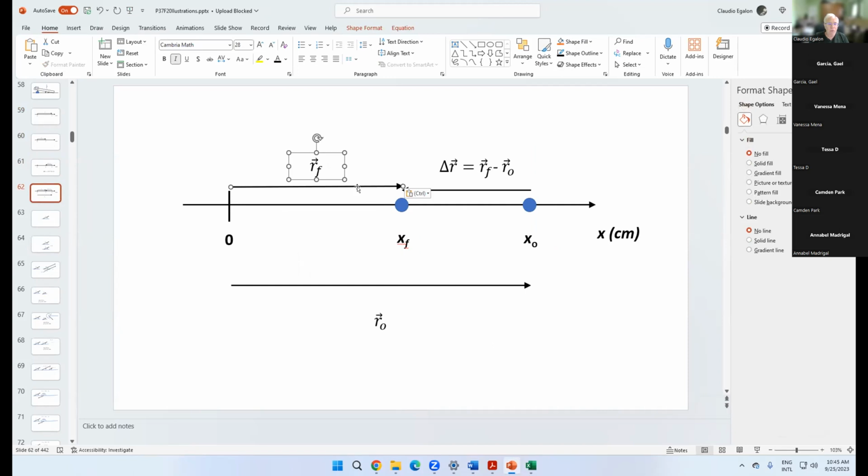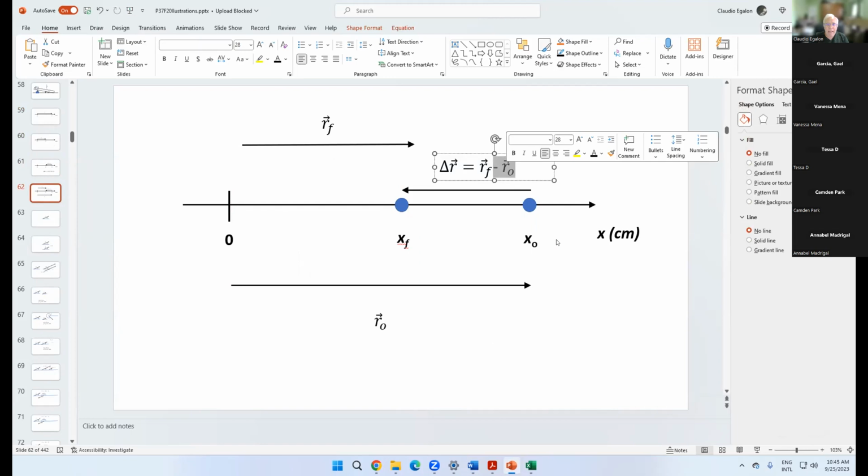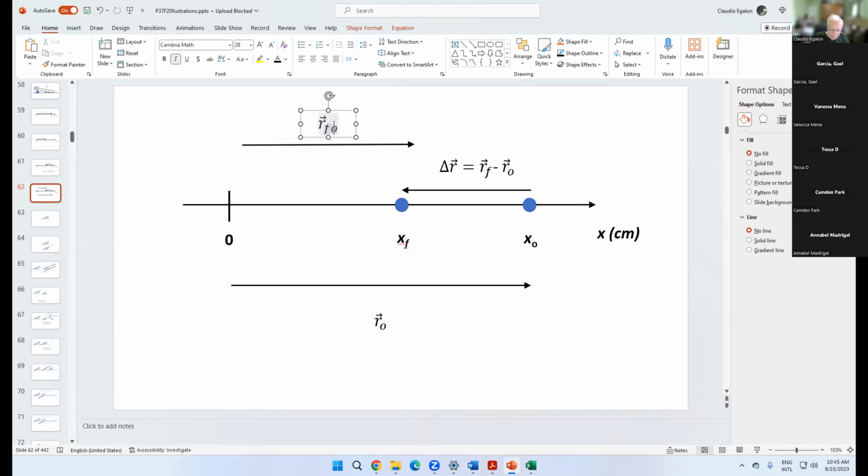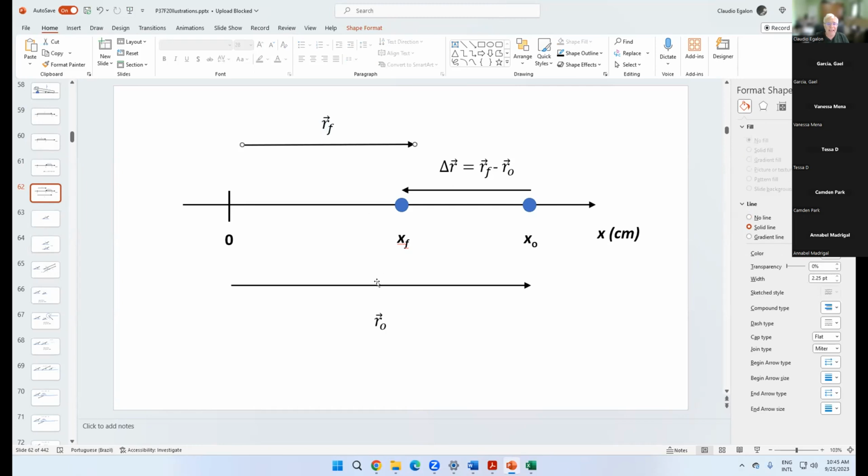We want to sum the final position vector here with the negative of the initial position vector.